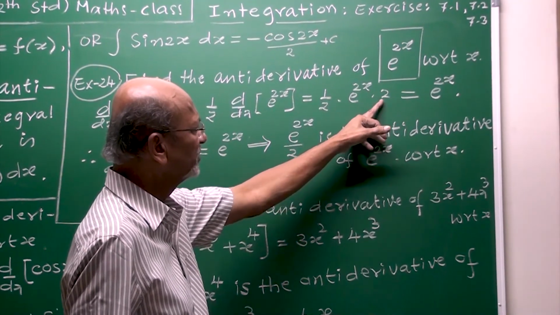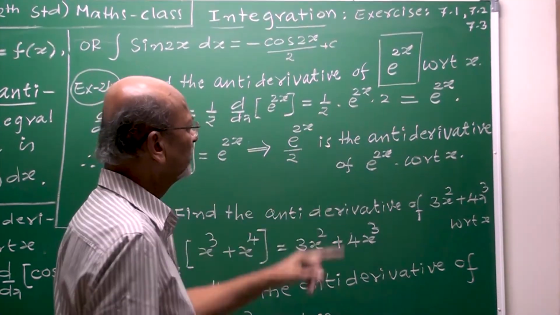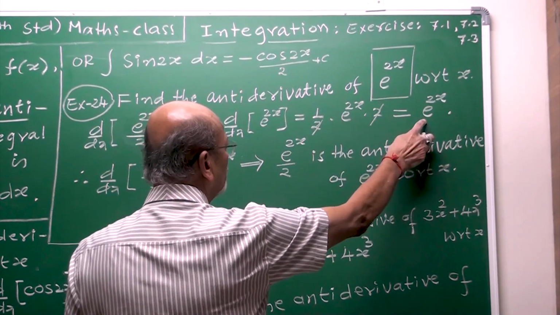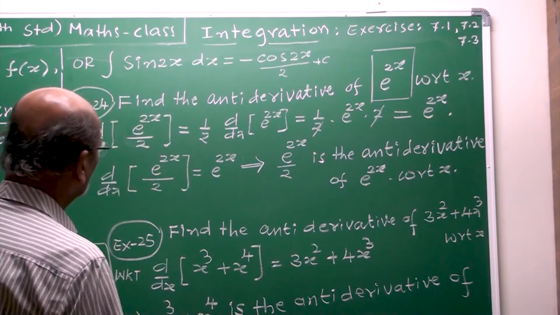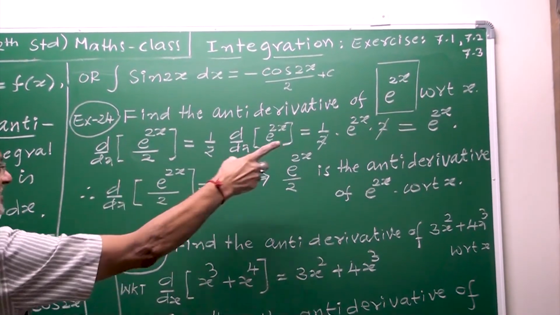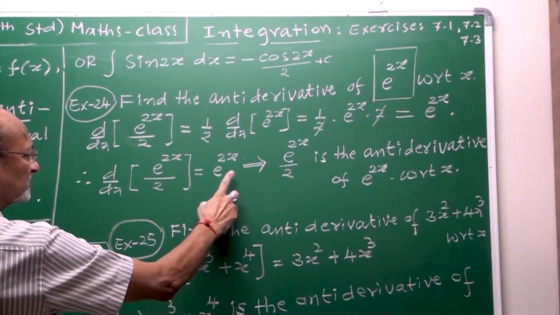The 2 cancels with 2. You have e to the power 2x. Therefore, d by dx of e to the power 2x upon 2 is e to the power 2x.